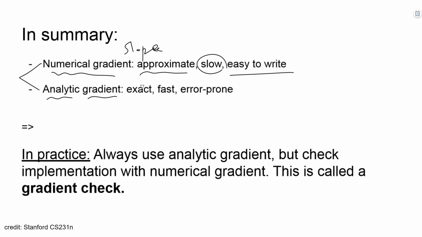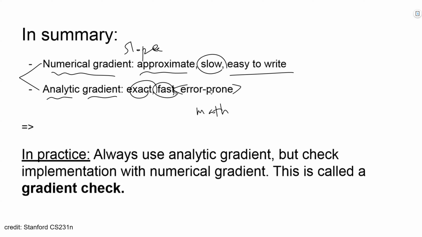And the analytic gradient is exact and faster because we just use the equation to calculate the gradient. However, it's error prone because we make many mistakes when we do math. So if there are some errors in the derivation process, then the whole thing goes wrong.